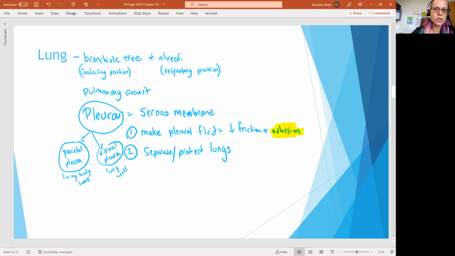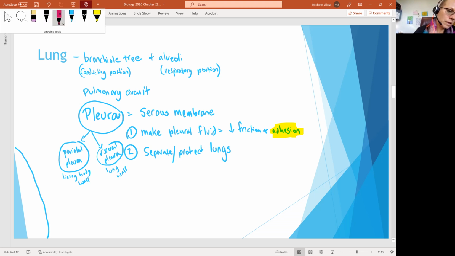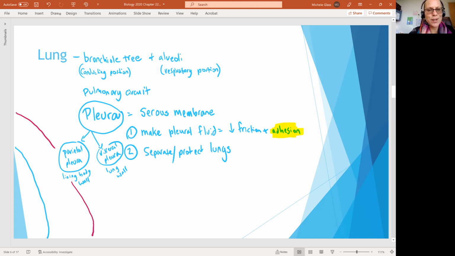So let's draw a picture in the corner here. So I'm going to draw 2 big lines. I'm kind of curving them because your lung is somewhat curved.